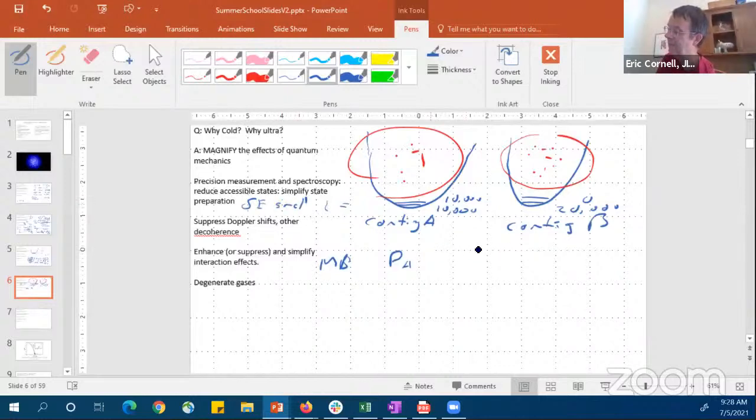Then the probability of A compared to the probability of B, I think I worked this out to be 10 to the 3,000 times larger. In Maxwell-Boltzmann configurations, I don't care what temperature it is, as long as this energy difference is small compared to the temperature, we'll never see configuration B.